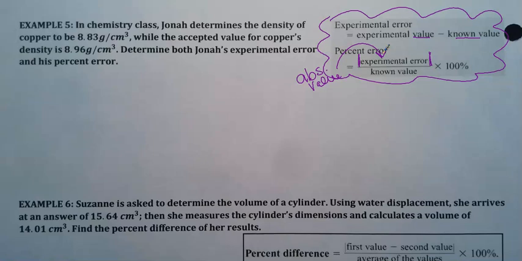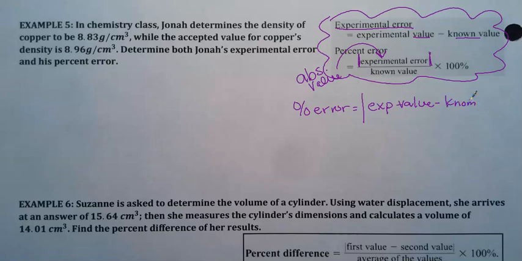Okay, so another way to think about this is percent error is going to equal the absolute value of the experimental error. Well, what is the experimental error? Right here, experimental error equals what? Okay, so this is the experimental value minus the known.